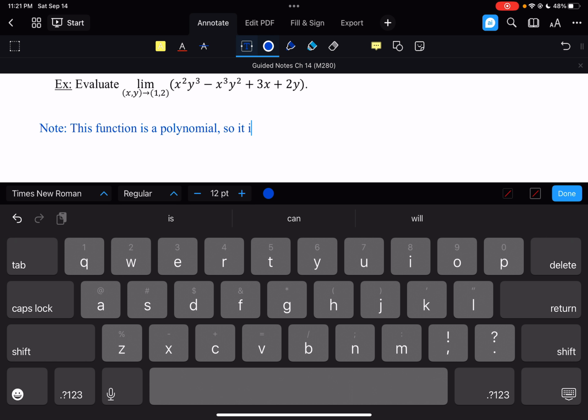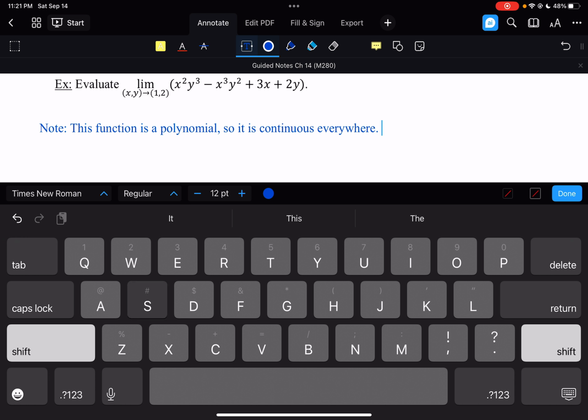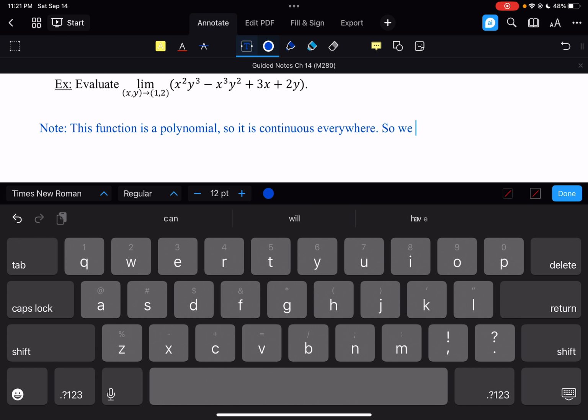So it is continuous everywhere. Just like in Calc 1, polynomials are continuous everywhere. So we can simply use direct substitution to evaluate.